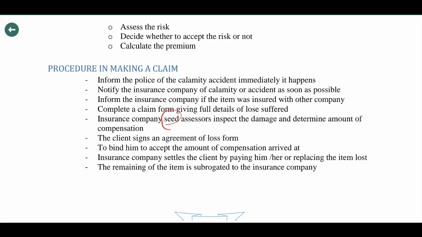The client signs an agreement of loss form to bind him to accept the amount of compensation arrived at. The insurance company settles the client by paying him or her or replacing the item lost.